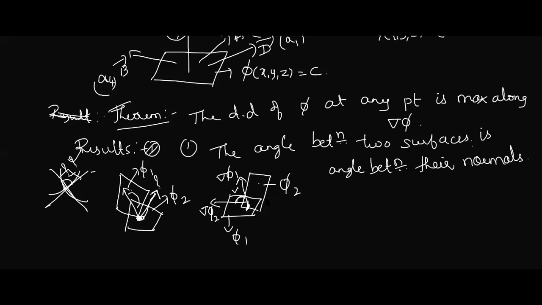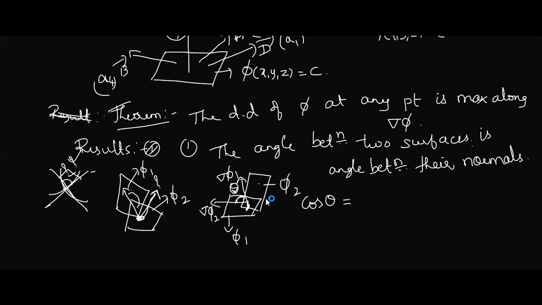Got it? Now, how can I get the angle between them? Suppose theta is the angle. How can I get it? Very easily. While explaining in the first class, I told you some results are important. So let me find cos theta. How can I find cos theta between del phi 1 and del phi 2?